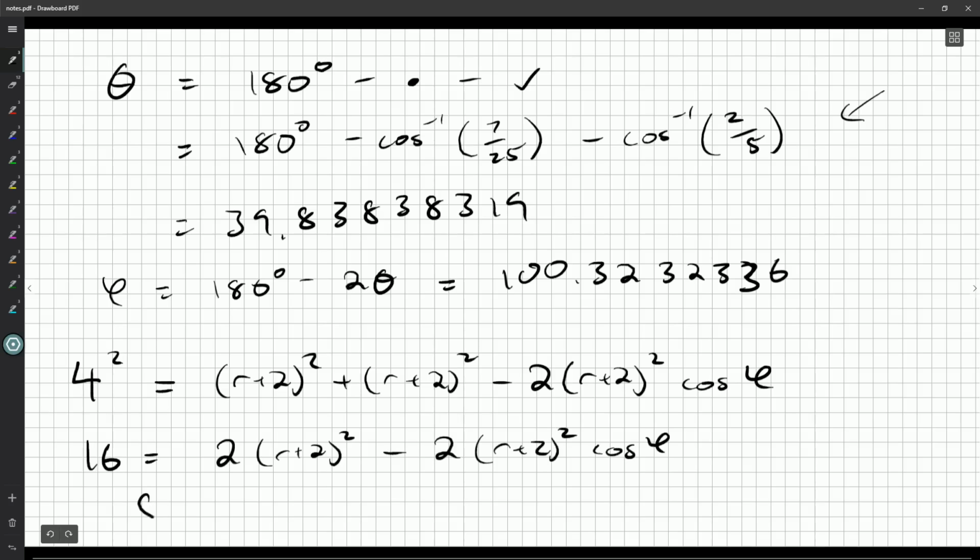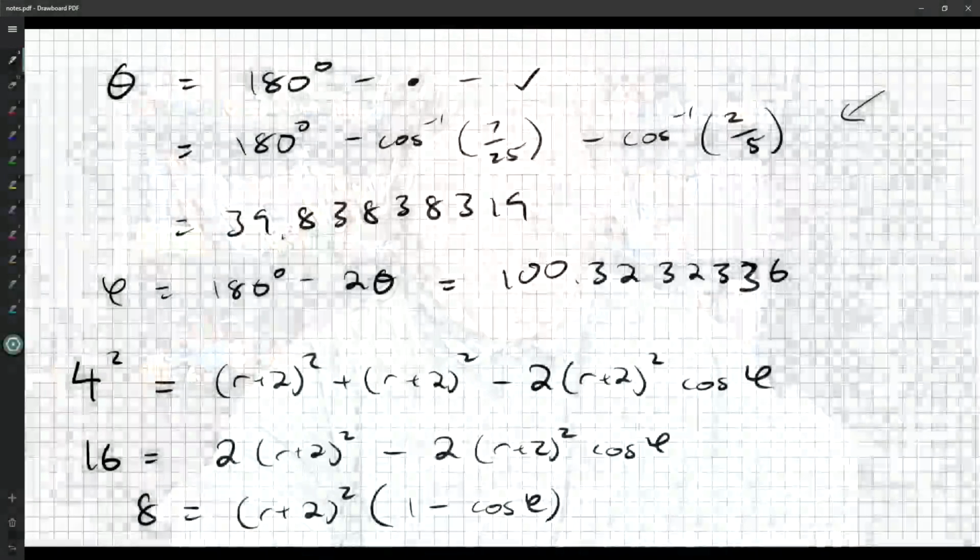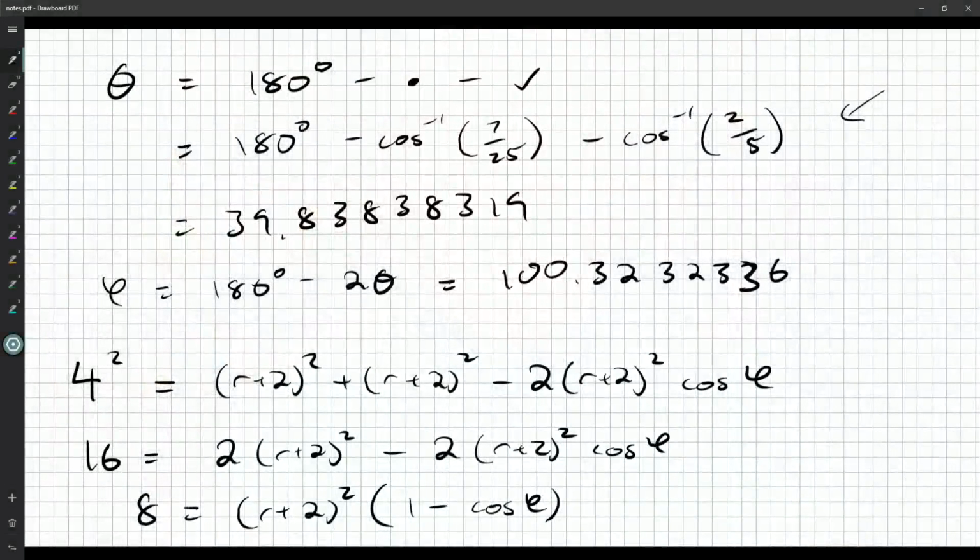So divide by 2 on both sides. 8 is r plus 2 squared, and then we can factor that out, and so 1 minus cos phi. So I've still got the 100 and everything plugged in on my calculator. I'm going to just press cosine and then subtract that from 1 to keep all the decimals there. If I'd already done something, I can copy down the decimals that I've written down because I've been keeping careful eye and bookkeeping everything.